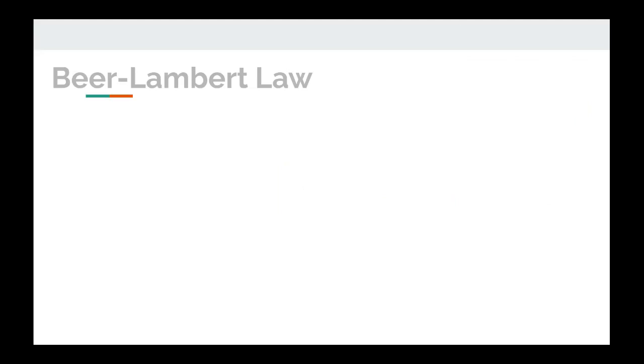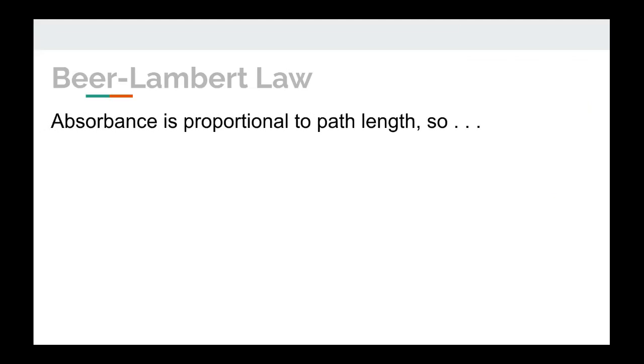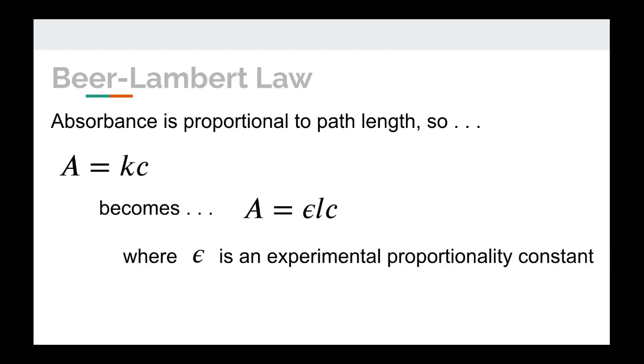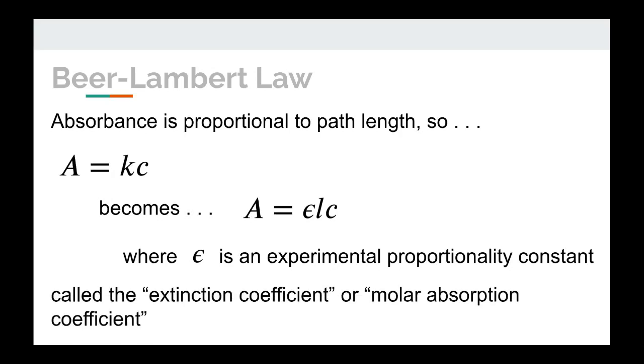There's a slightly more expansive version of this called the Beer-Lambert law. So we know that absorbance is proportional to path length. So we can take absorbance equals constant times concentration, and we can now imagine that that constant is going to be made of path length and some other constant. And that other constant is called the extinction coefficient, or sometimes it's called the molar absorption coefficient.